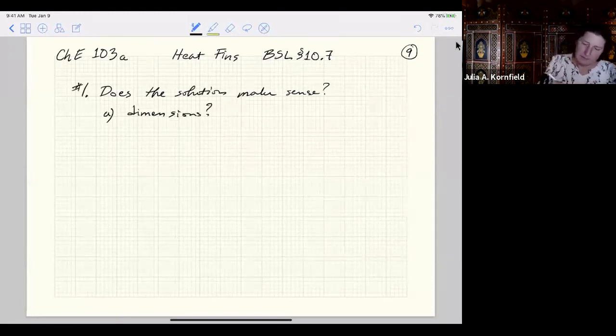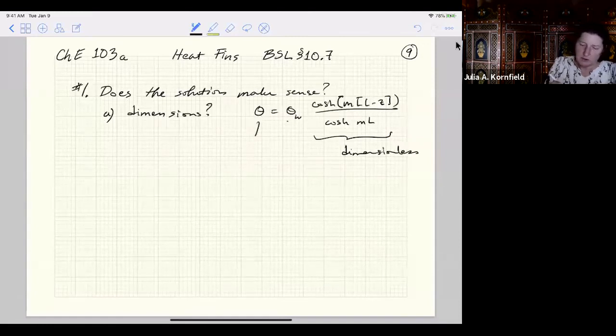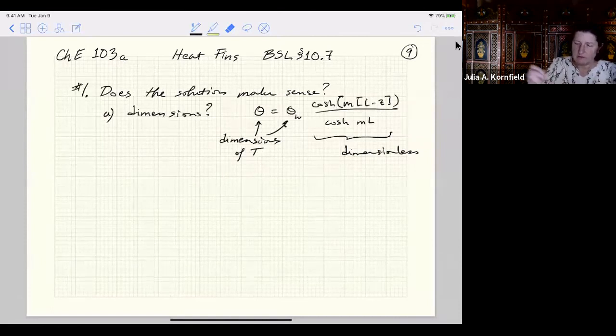So this part is dimensionless, and then both of these have dimensions of temperature. And so in this case, checking that it's dimensionally consistent is very quick.